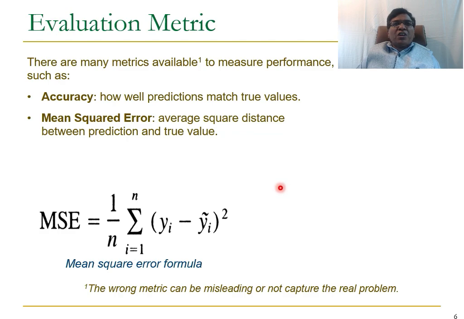The performance of the model is measured through the metric called accuracy. Accuracy shows how well the predictions match with actual values. The second metric is called mean squared error or MSE. MSE is the average of squared distance between prediction and actual values.